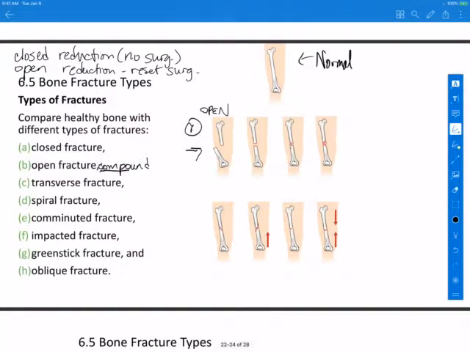I actually had a compound fracture once, and it bled, and it was very painful. So it can be called open or compound. This picture shows a closed fracture, and a closed fracture is when the skin remains intact. So this is an example of where the skin surface is not penetrated by the bone.